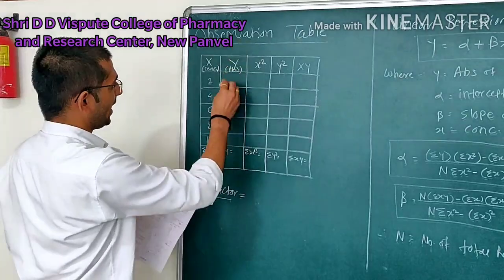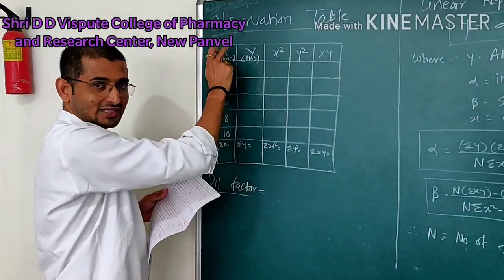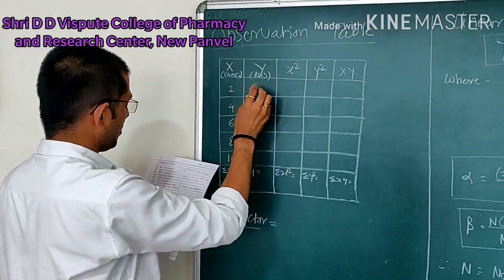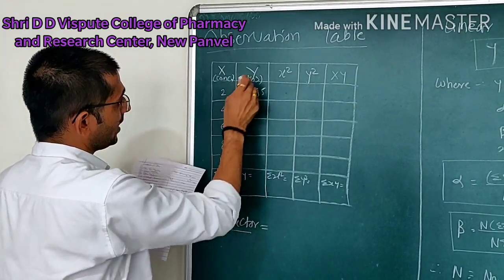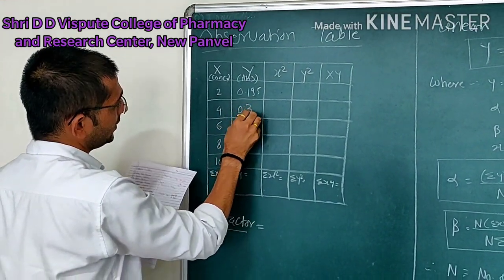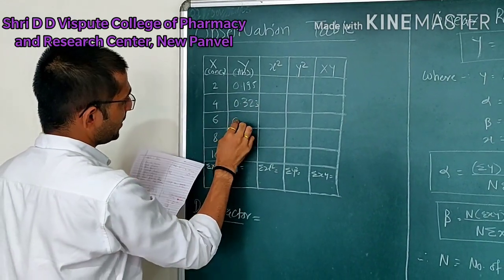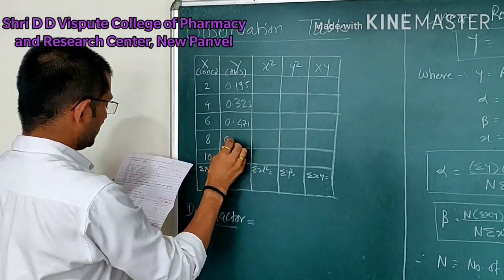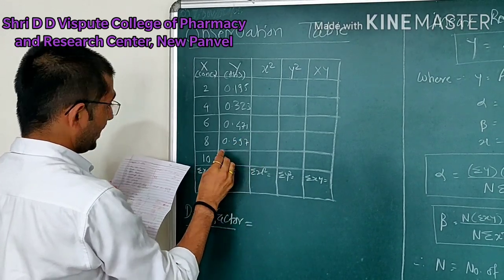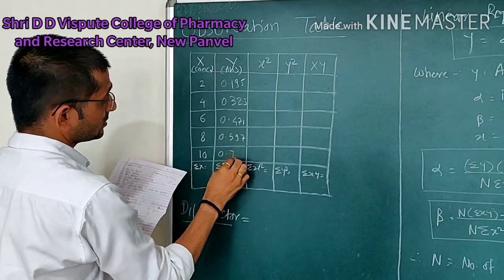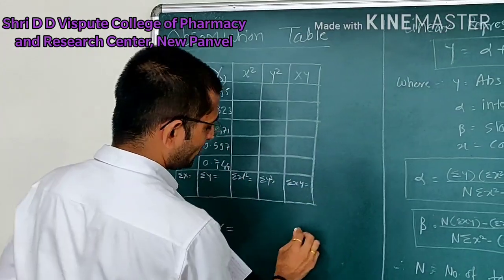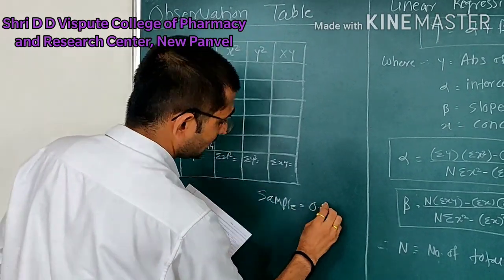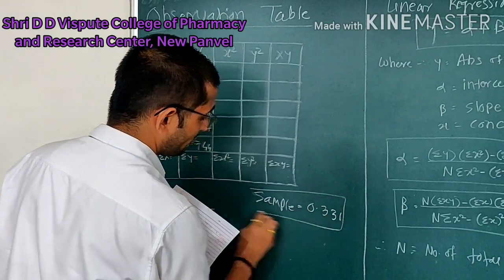I will note down the absorbance, that is your Y. Concentration is considered as X, the absorbance is considered as Y. So absorbance at 2 ppm is 0.195, at 4 ppm 0.323, at 6 ppm 0.471, at 8 ppm 0.597, and at 10 ppm 0.744, and the absorbance of your sample solution is 0.331.